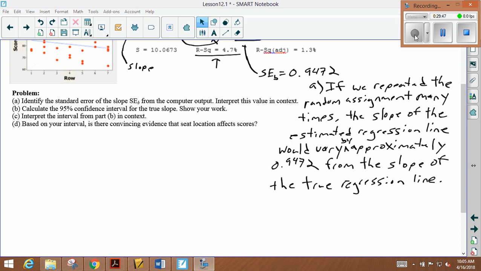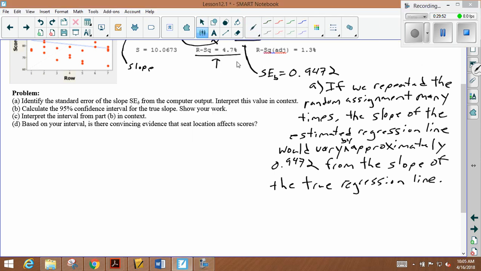We can do this. So remember, your confidence interval is always your parameter plus or minus your critical value times your standard error.